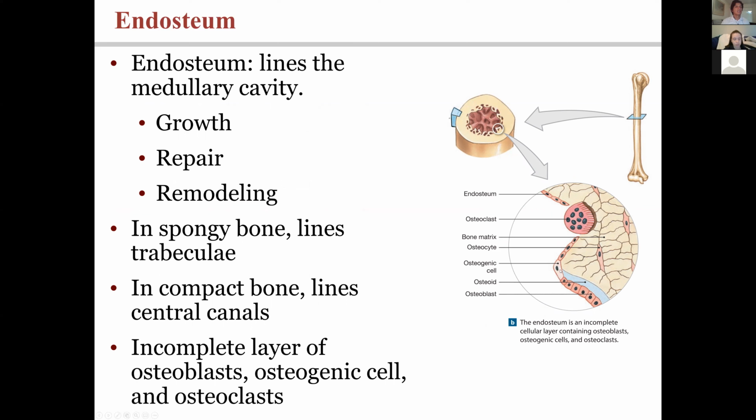Here are the osteogenic cells, and we also see osteoblasts within the endosteum, but the main functional cell types will be the osteoclast and the osteoprogenitor. The osteoclast is going to be resorbing calcium phosphate, resorbing this mineral. It is there for growth, repair, and remodeling.